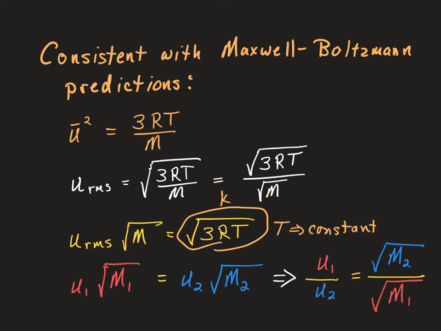And so we can rearrange this to put the root mean squared velocities on the left and the square root of the molar masses on the right, and we get something that looks a lot like Graham's law of effusion: ratio of rates on the left, inverse ratio of the square root of the molar masses on the right.